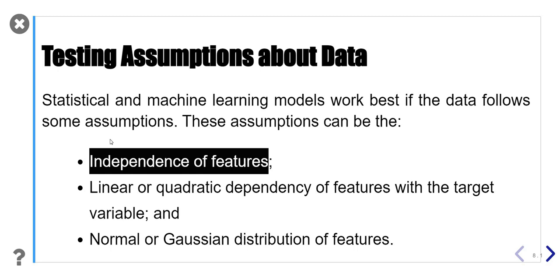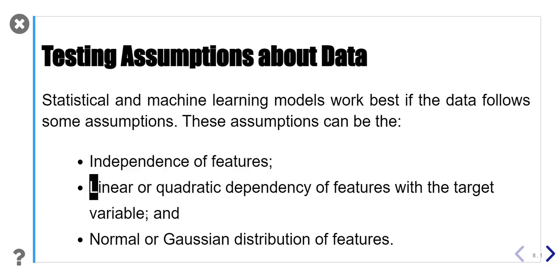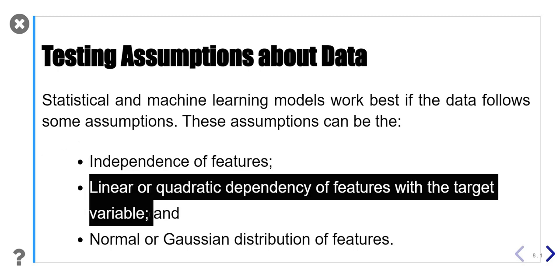So that's why we are also interested to look at whether the features or the attributes have any correlation or not, and what kind of relationship they have with the target variable. So what do we mean by features and target variable?